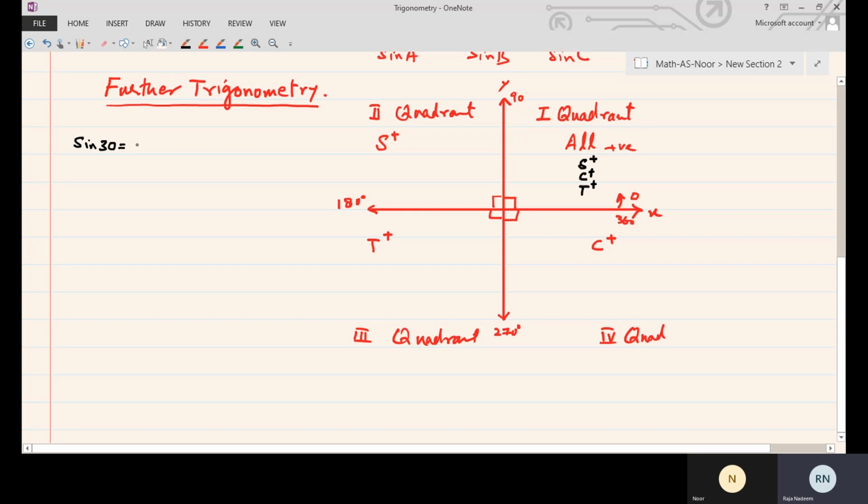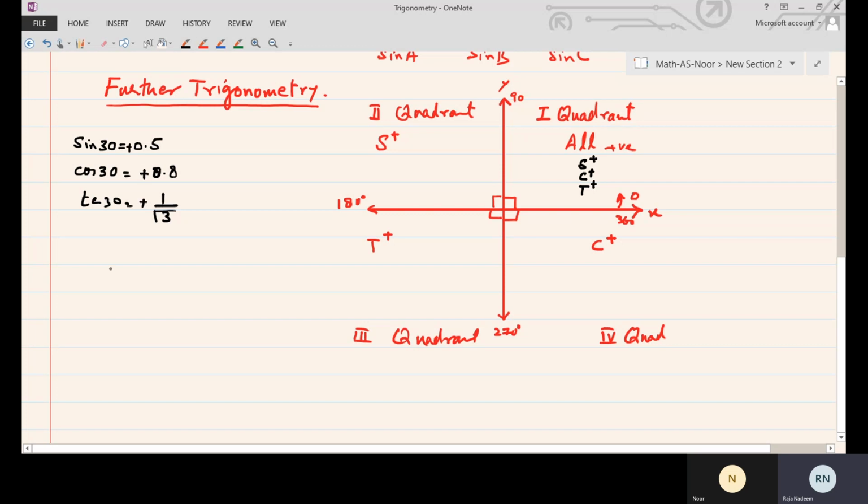When I use the calculator and get the answer, this answer is positive. So any acute angle with any ratio, sine, cos or tan, will give you an answer which is positive. So tan of 30 will give you 1 over under root 3.